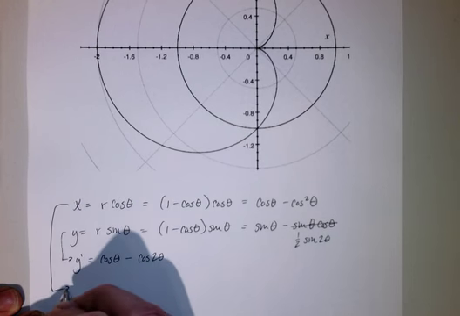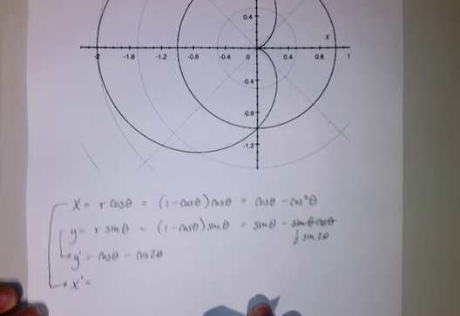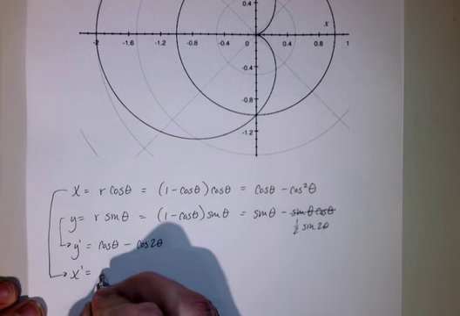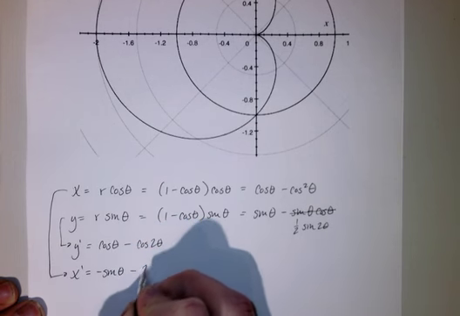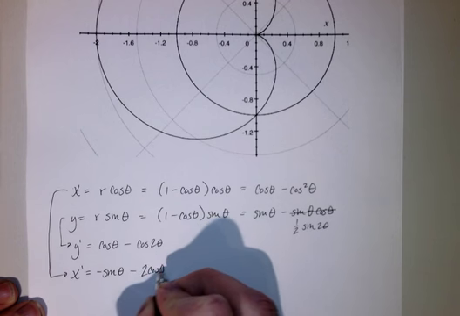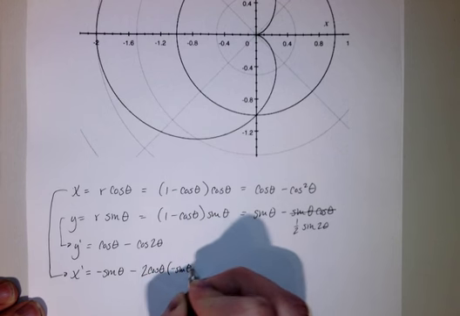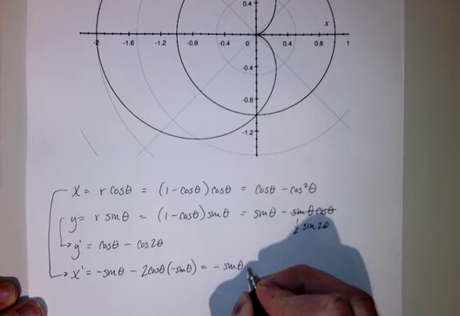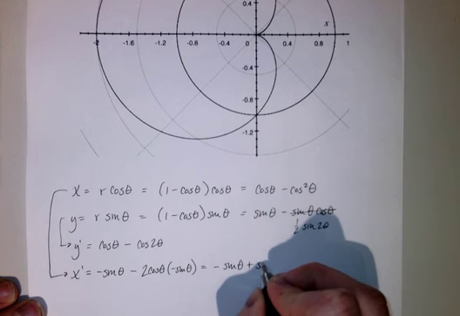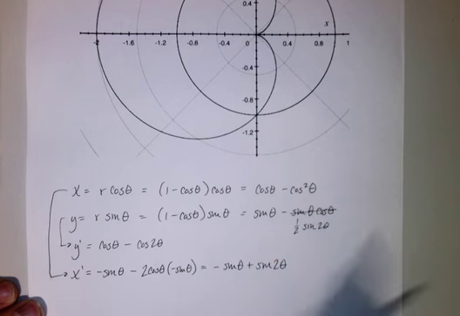Let's go ahead and do x prime. That winds up being negative sine theta minus 2 cosine theta times negative sine theta, or negative sine theta plus 2 sine theta cosine theta, so plus sine 2 theta.